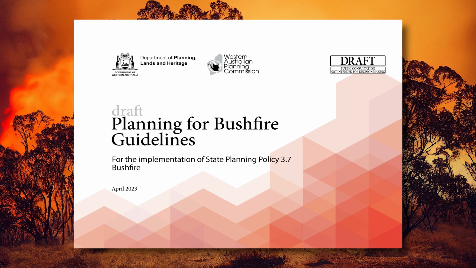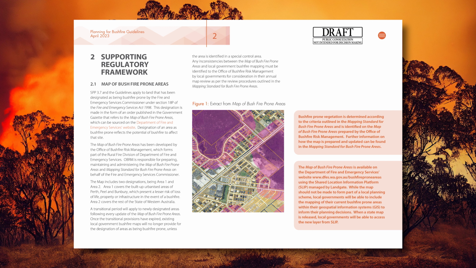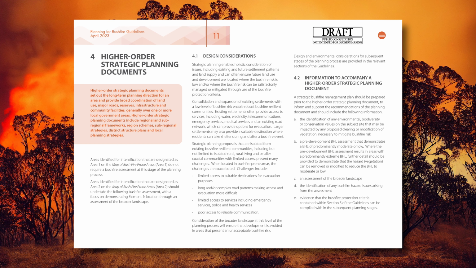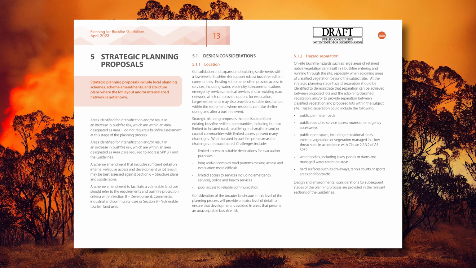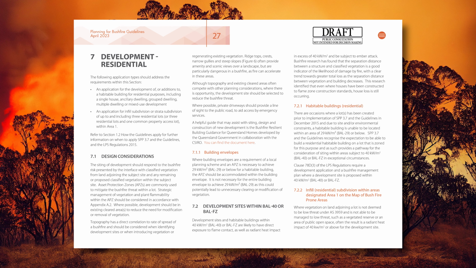To provide more succinct guidance and an easier layout for users, the guidelines have been divided into sections based on the planning stage or type of development. The sections provide guidance for higher order strategic planning proposals, subdivisions, and development application types.